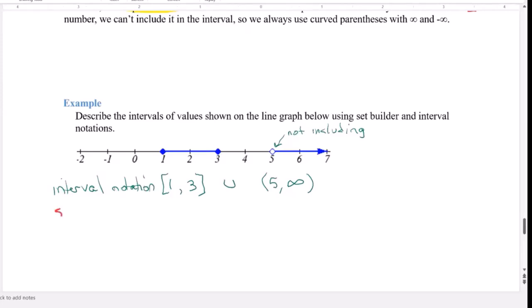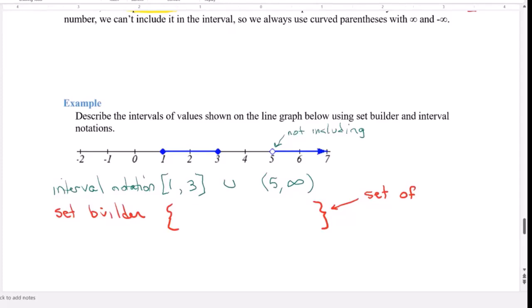Set builder notation looks like this. We have these curly braces. These curly braces, whenever you see them, almost always mean that it's a set. Okay? So whatever goes inside that, it's a set.